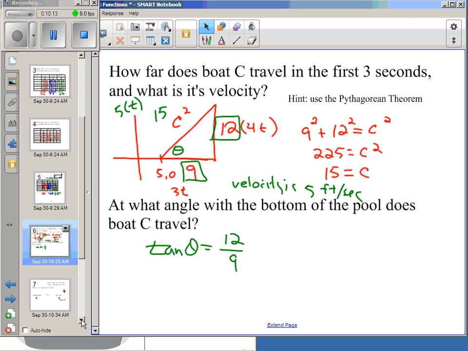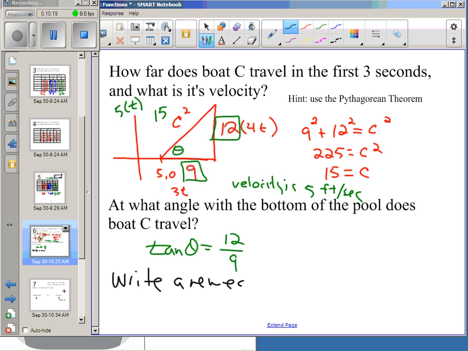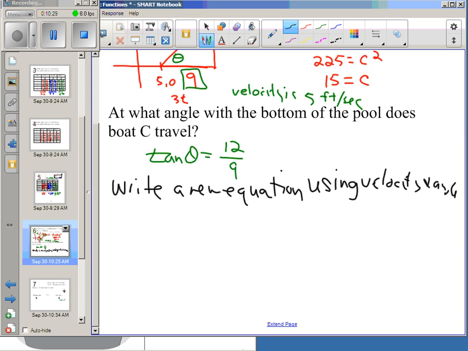I want to write a new equation using the velocity and my angle. So if I know that my boat is traveling at 5 feet per second, what is the horizontal component?